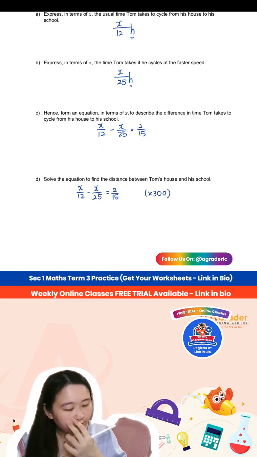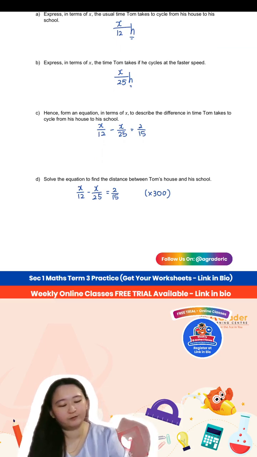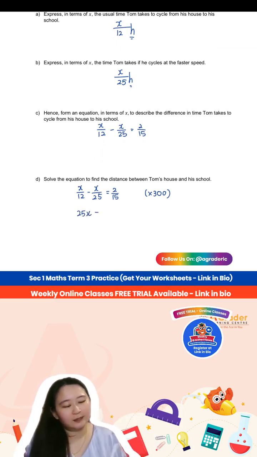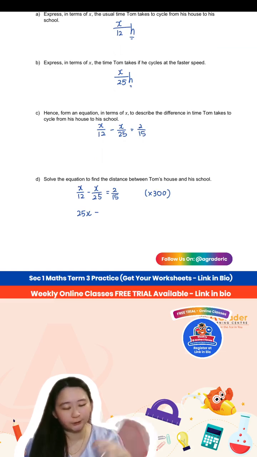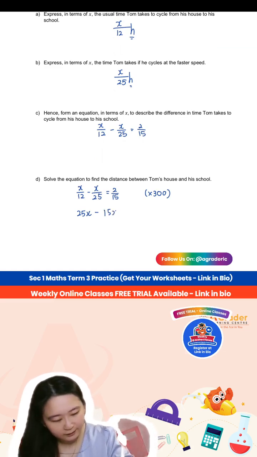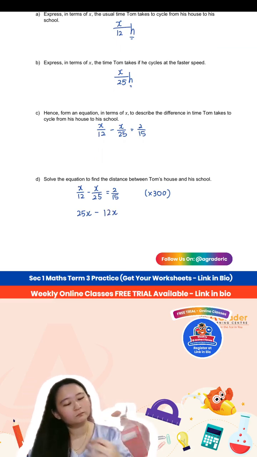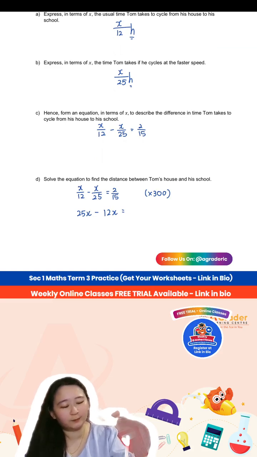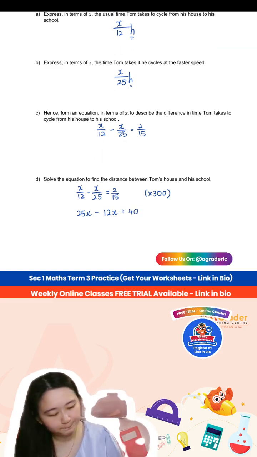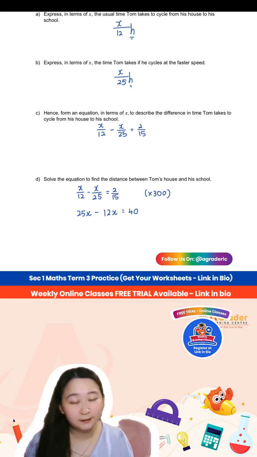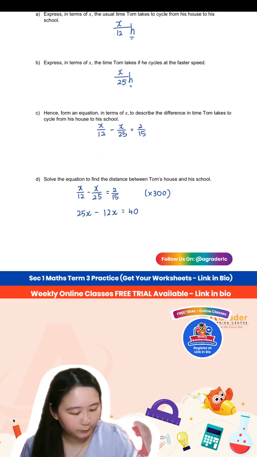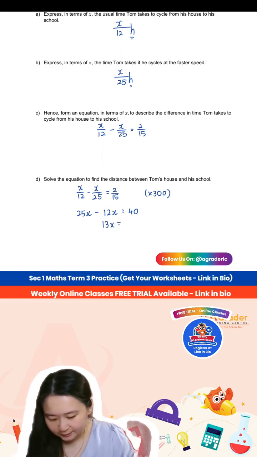So basically x over 12 times 300, we have 25x. Then x over 25, we times 300, we have 12x, equals to 2 over 15, we times 300, we get 40. Okay, then we simplify here. 25x minus 12x, we get 13x equals 40.